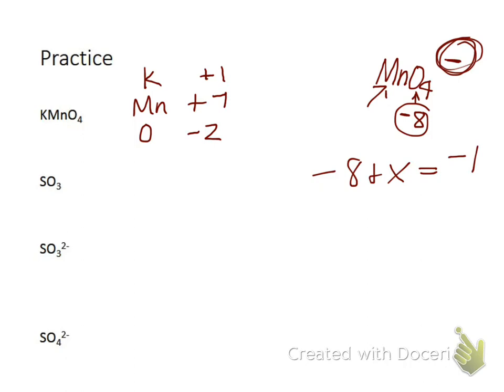Why is there just a negative at the top? Because the whole thing has a negative 1 charge. The entire thing is covalently bonded together, so the entire thing has a negative 1 charge. Within that negative 1 charge, I know that oxygen is a negative 2, and I have 4 of them. So 4 times negative 2 is negative 8. So I'm trying to figure out what manganese has to be so that the overall thing is equal to a negative 1.